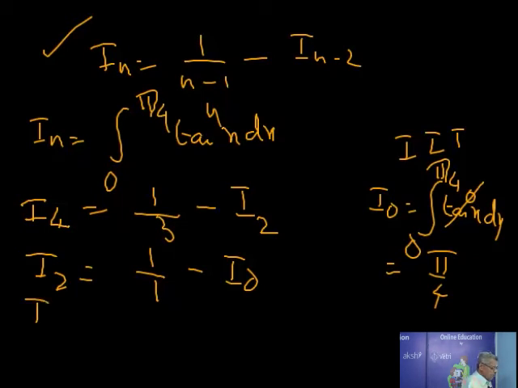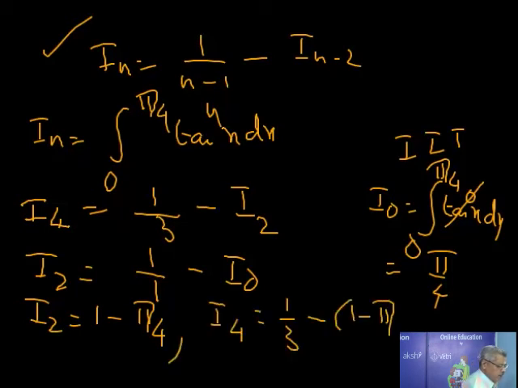Therefore, I2 is nothing but 1 minus pi by 4. Once I2 is known, I4 is known. I4 is 1 by 3 minus (1 minus pi by 4). So 1 by 3 minus 1, you get minus 2 by 3. You get minus 2 by 3 plus pi by 4. So this is the value of I4.